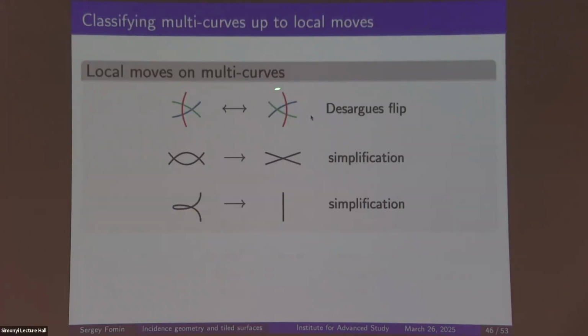And so there, in addition to this Desargues flip move, there are also simplification moves which correspond to some easy geometric transformations of the theorem.